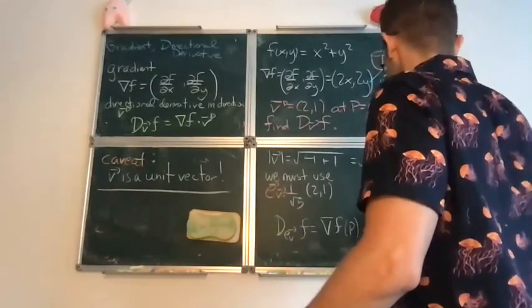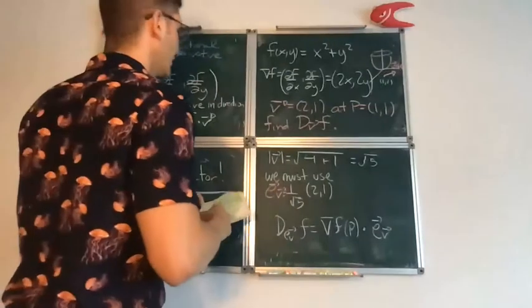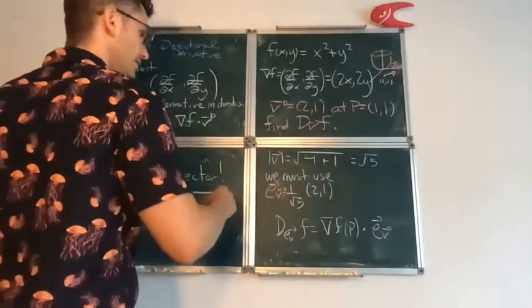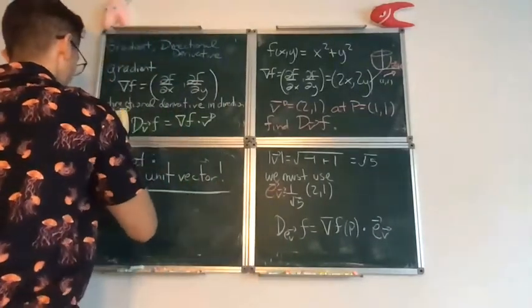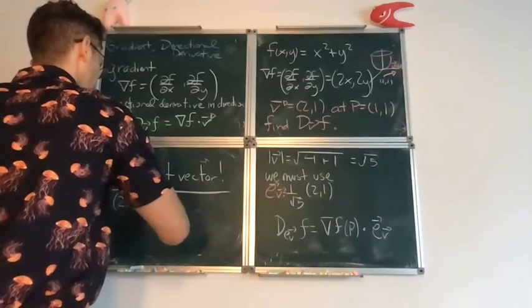And so the gradient evaluated at the point P is just 2x, 2y evaluated at x equals 1, y equals 1.